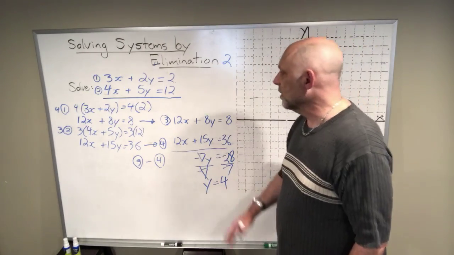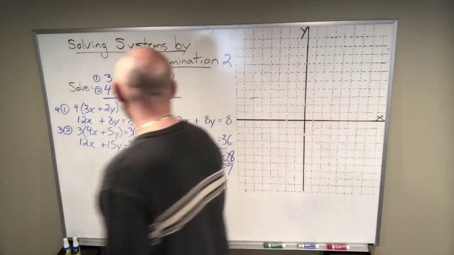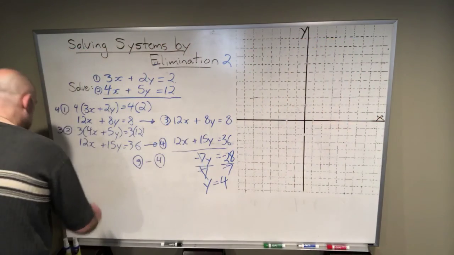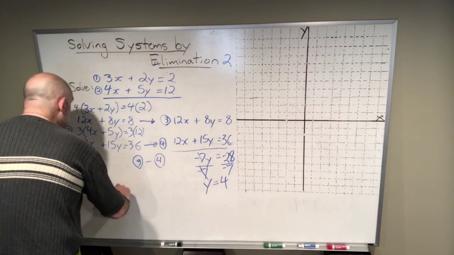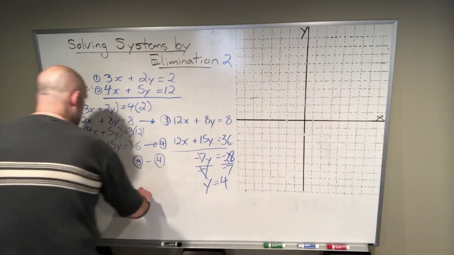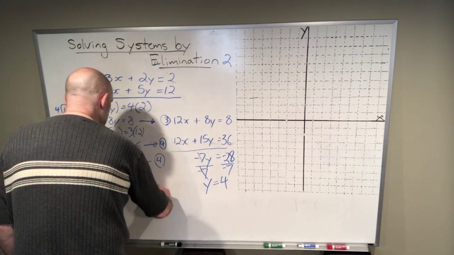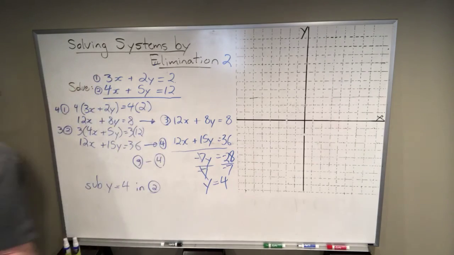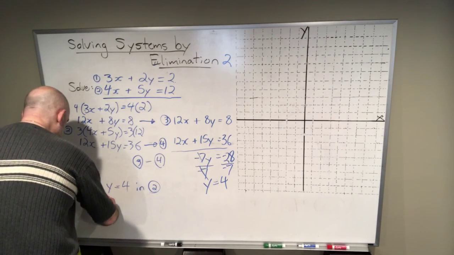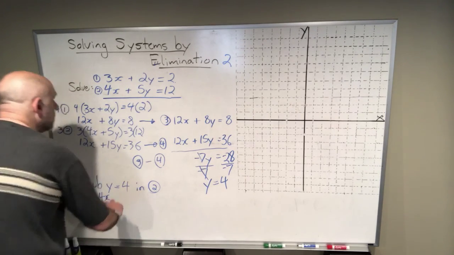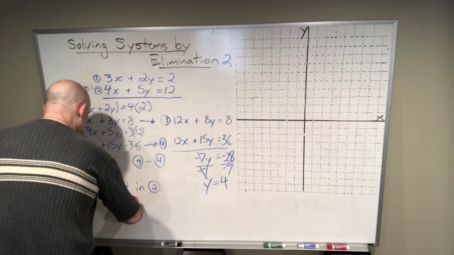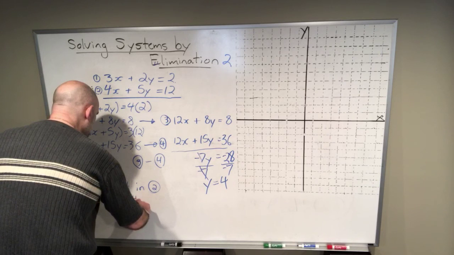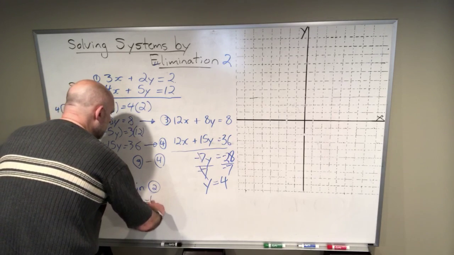Y equals 4. So what's x? Sub into 1 or 2. Let's sub y equals 4 into equation 2. So 4 times x plus 5 times 4 equals 12.